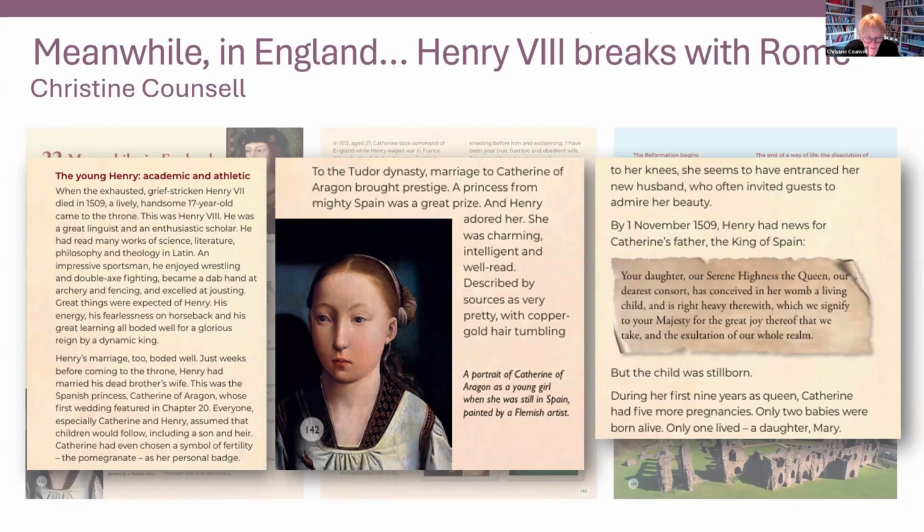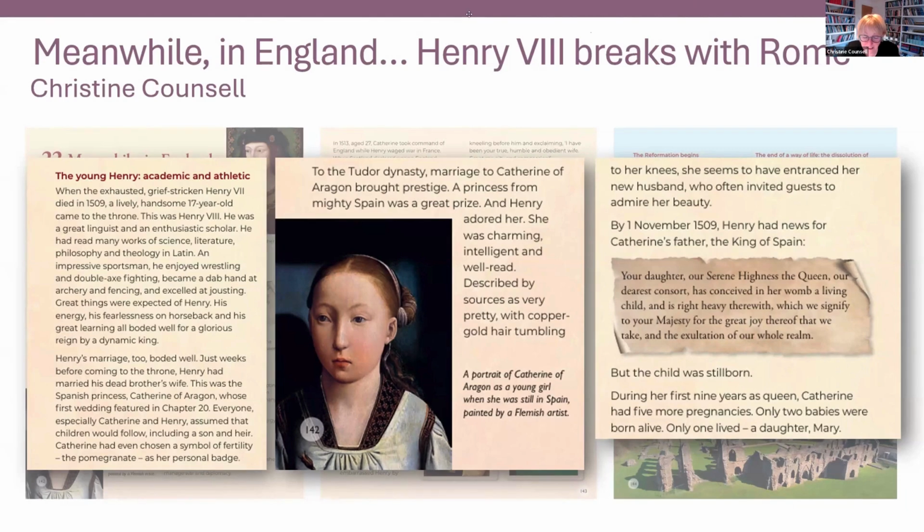A princess from mighty Spain was a great prize, and Henry adored her. She was charming, intelligent, and well-read, described by sources as very pretty, with copper gold hair tumbling to her knees. She seems to have entranced her new husband, who often invited guests to admire her beauty.